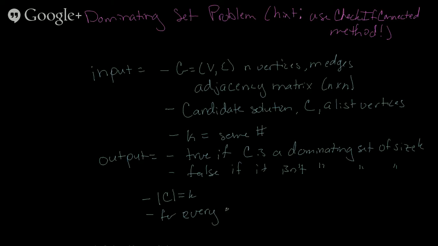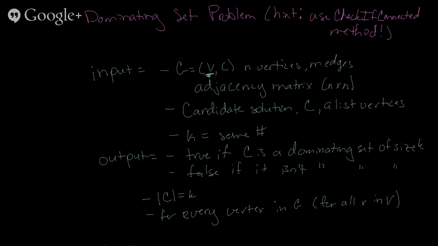So for every vertex in G, remember you have a list of vertices, it's right here. It's V. So for all, this is a little v and big V, so that's a vertex, and these are your vertices.